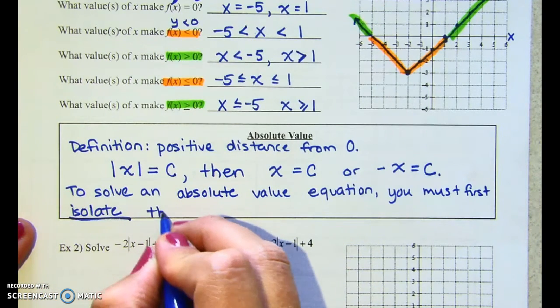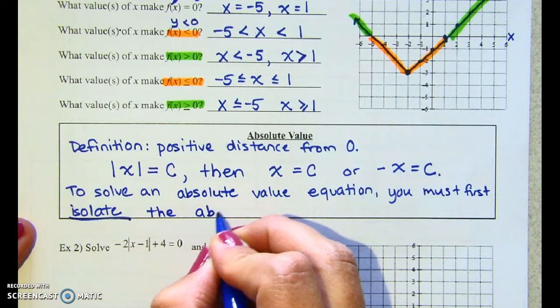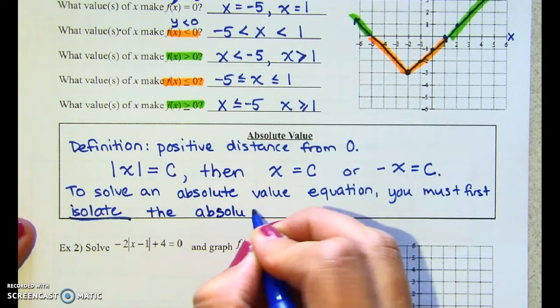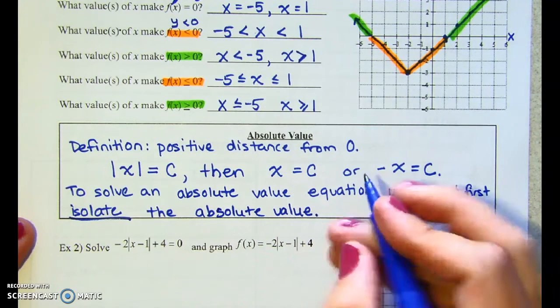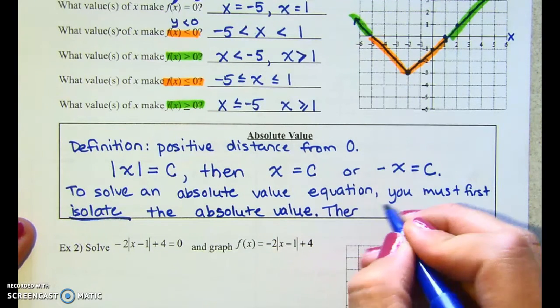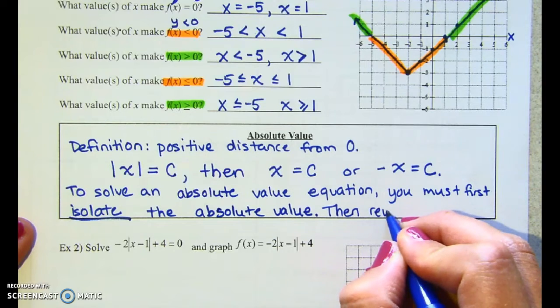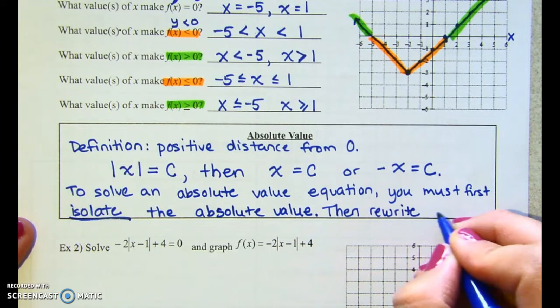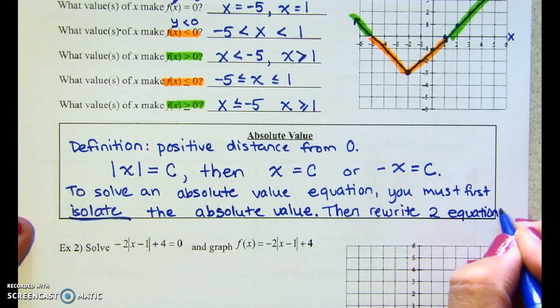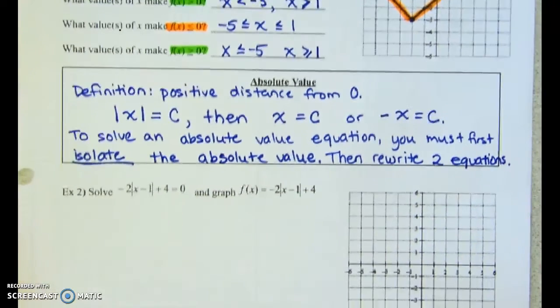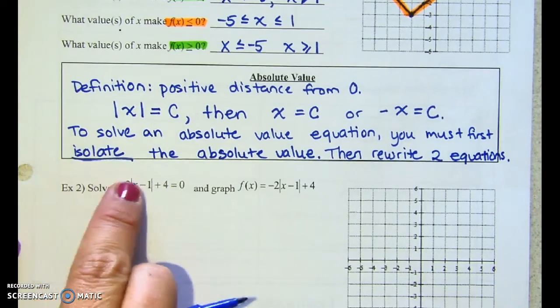Isolate the absolute value. Then we must rewrite two equations. Okay. So what does the word isolate mean? That means get by itself, right?